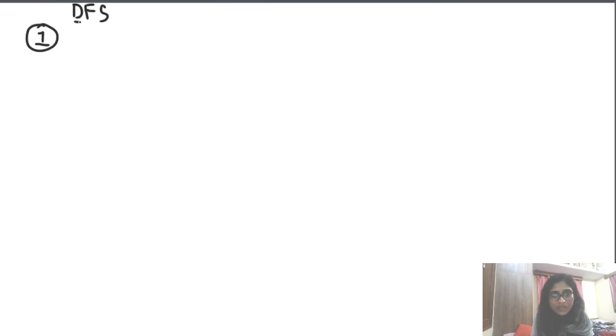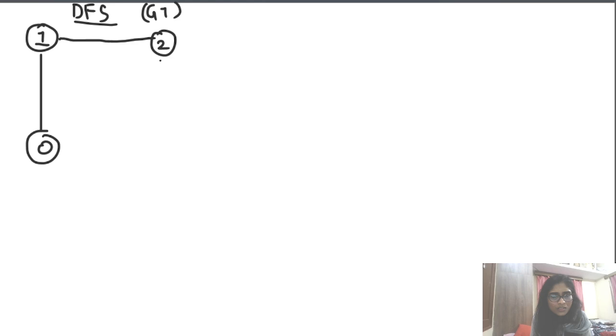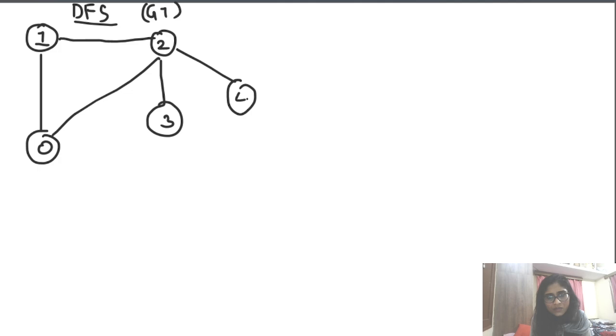I'll just make a DFS in graph traversal. So this is node 1. This is node 0. I'm connecting it to 2. I'm connecting again to the node 1, 3, and one more node, which is 4.